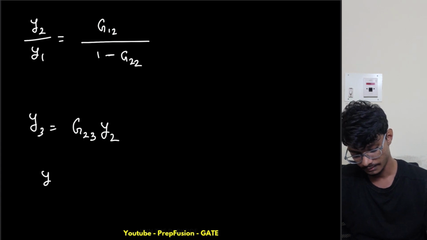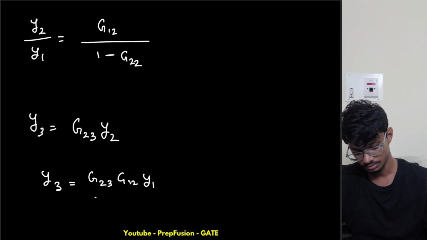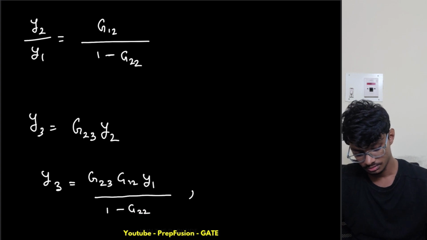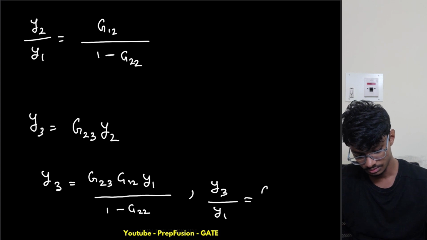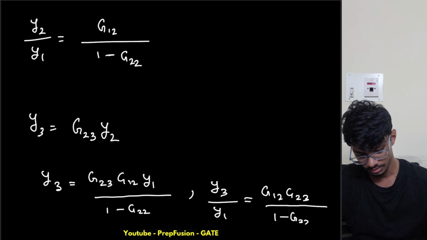So y3 equals g23 times g12 into y1 divided by 1 minus g22. So y3 by y1 equals g12 g23 divided by 1 minus g22.